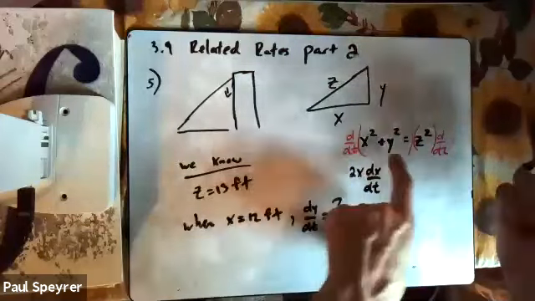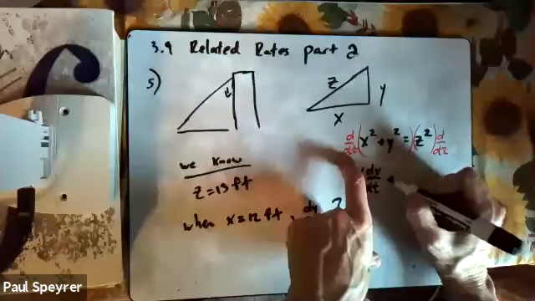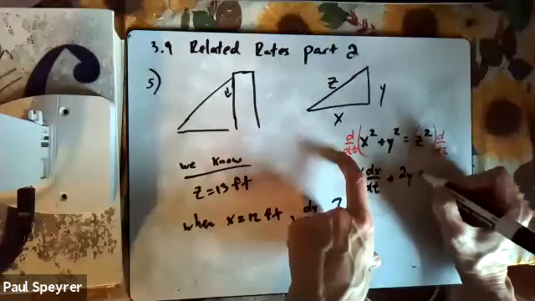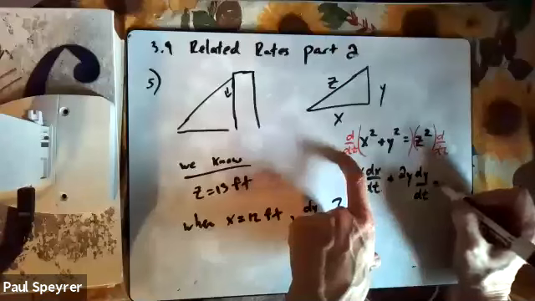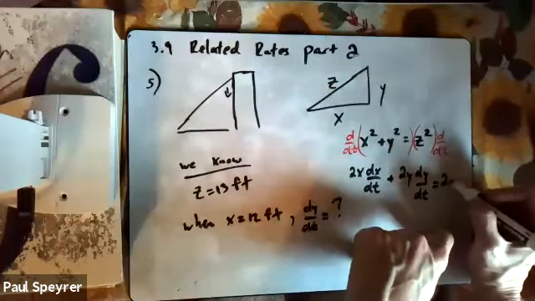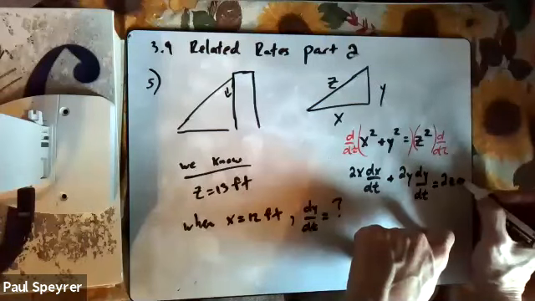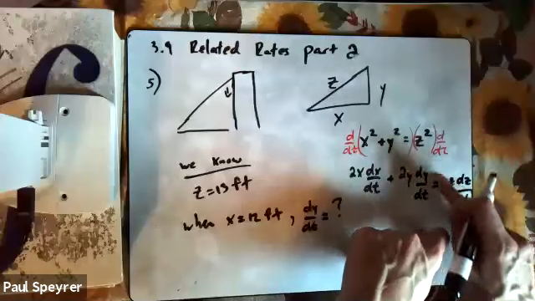Like the power rule. Same thing with the y. The derivative of y squared with respect to t is 2y dy dt. And the right hand side, well, that's going to be 2z and then dz dt.